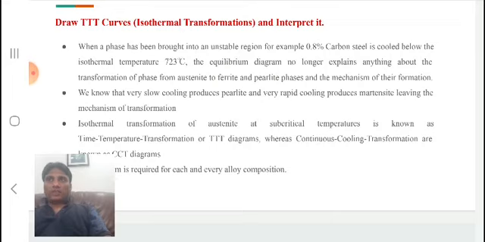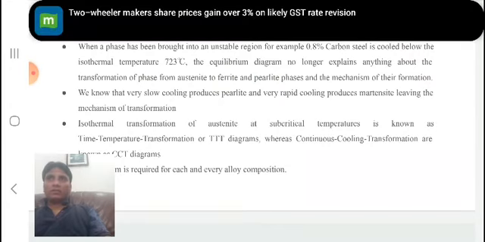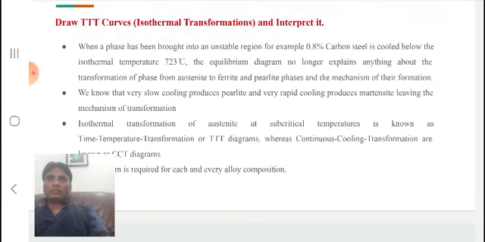We already discussed that for each composition of steel there will be one TTT diagram, and to construct one TTT diagram we need n number of samples. So n number of samples are cooled.